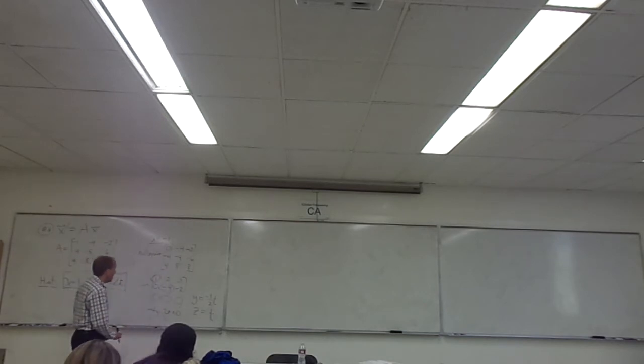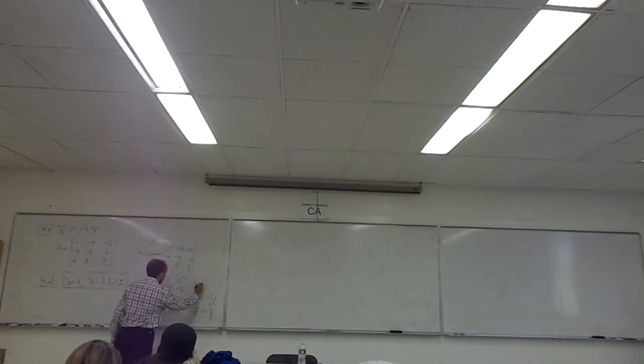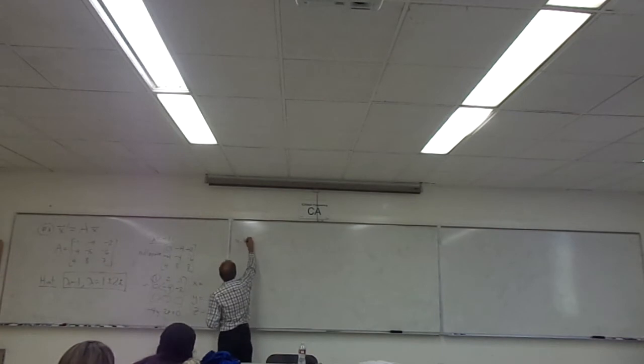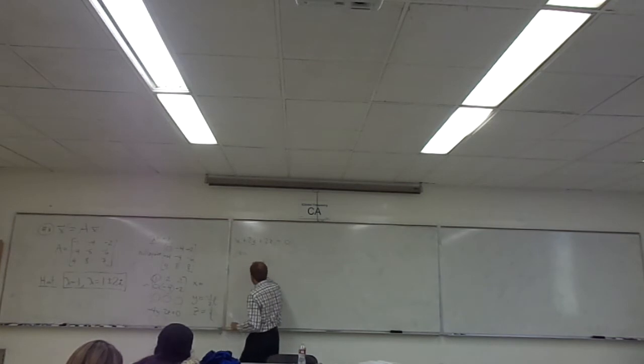And then to solve for x, let's see, x plus 2y plus 2z is 0. So x is -2 times y, which is t, minus 2 times z. So t minus 2t, that's -t.